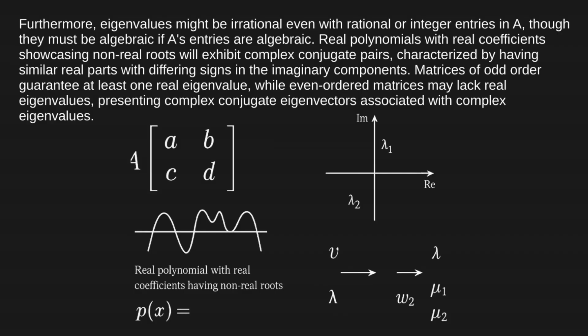Real polynomials with non-real roots will exhibit complex conjugate pairs, characterized by having the same real parts with differing signs in the imaginary components. Matrices of odd order guarantee at least one real eigenvalue, while even ordered matrices may lack real eigenvalues, presenting complex conjugate eigenvectors associated with complex eigenvalues.